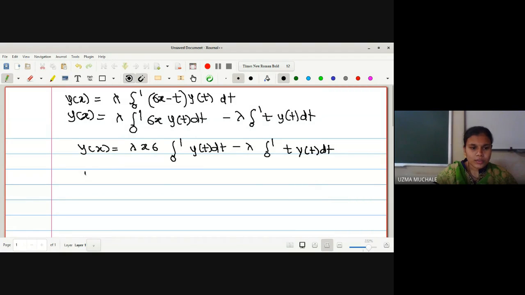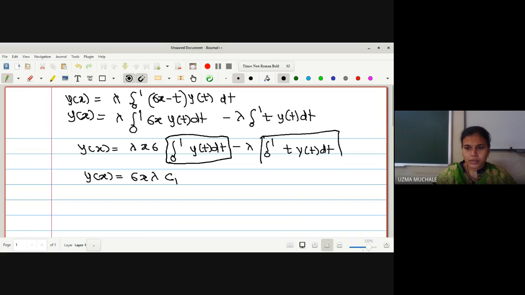Okay. So on the next step, what we can do is this 6x lambda, whatever we have. After this, whatever term we are getting is inside the integration within the limit 0 to 1. This is also inside the integration within the limit 0 to 1. So obviously there may be some constant. Okay. So now this is our given equation. Let me name this equation 1.